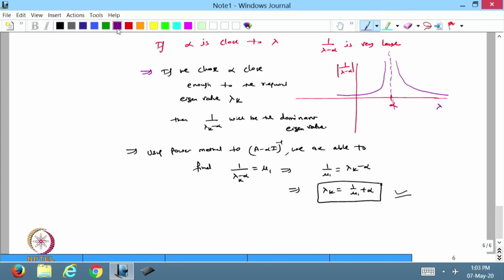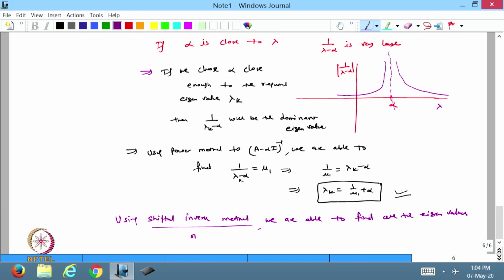So, using this method, which is called the shifted inverse method, we are able to find all the eigenvalues of a matrix A, n cross n.